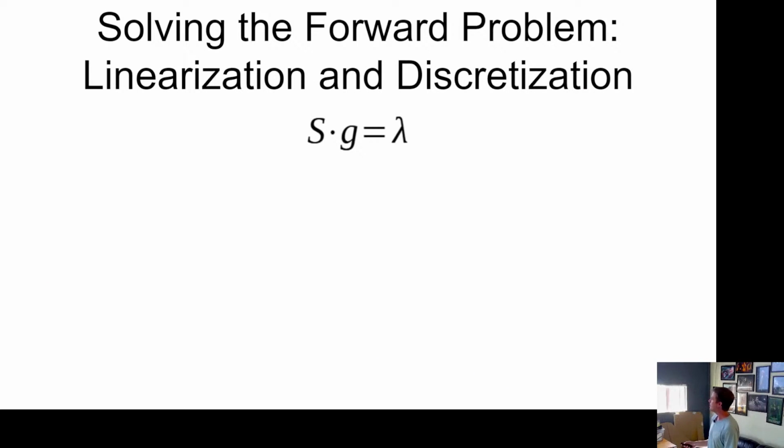So like I said, all of the sensors have a nonlinear response to the presence of dielectric materials. So in order to actually solve this problem, we have to linearize and also discretize it. We have to chop up our sensing domain into little discrete chunks or pixels.